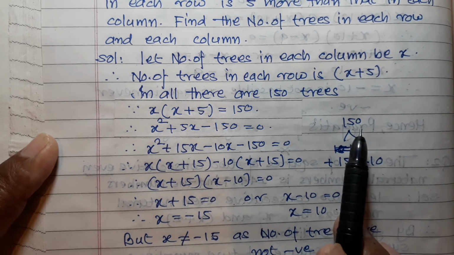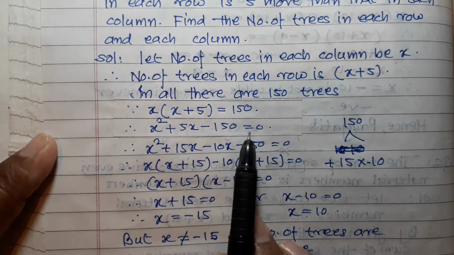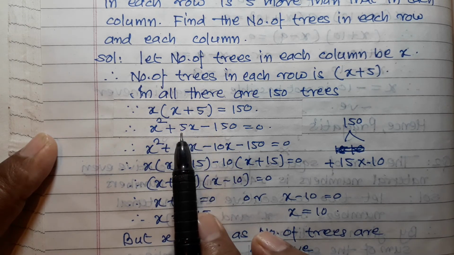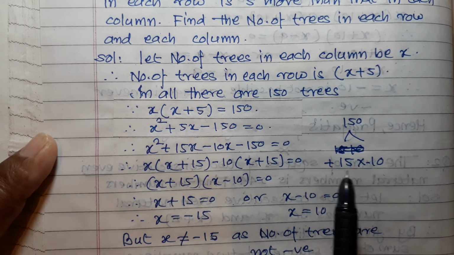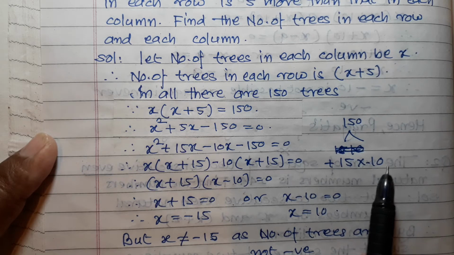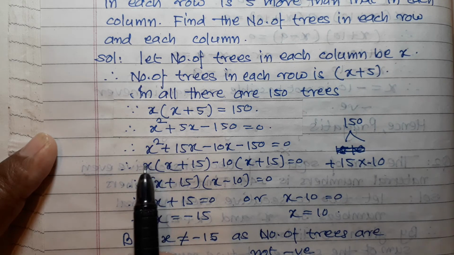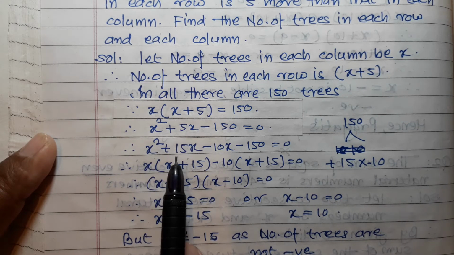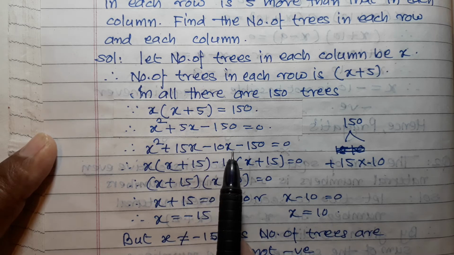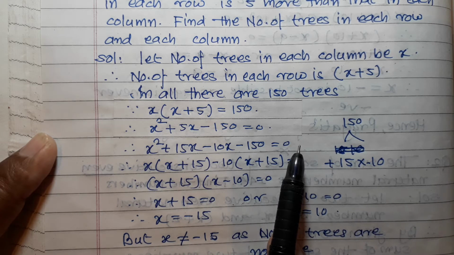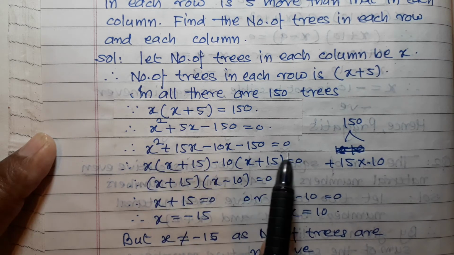So 150 I split up such that the subtraction is equal to 5: 15 minus 10. Now write down x square plus 15x minus 10x minus 150 is equal to 0. Make two groups.